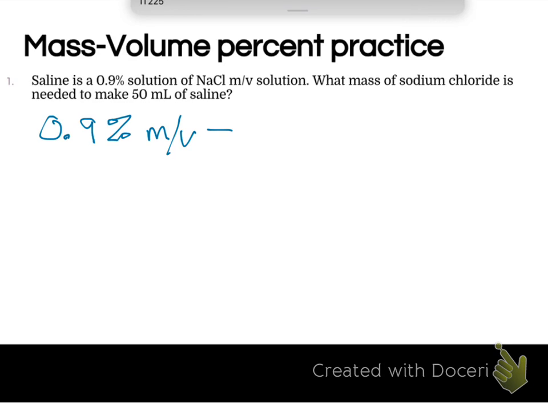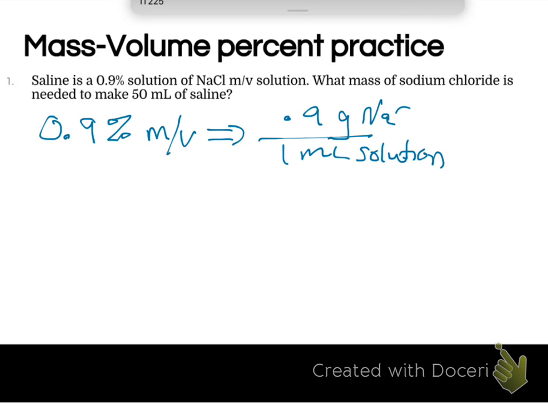And so when we say that, it means that there's 0.9 grams for every amount of volume, in this case, 1 milliliter. So this percentage, you could think of it kind of as a ratio, just like we were sort of doing with the solubility before. The 1 mil is the 1 mil of solution, and 0.9 grams of the solute, NaCl in this case.